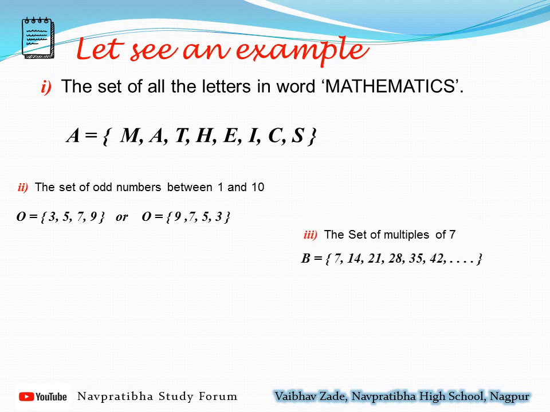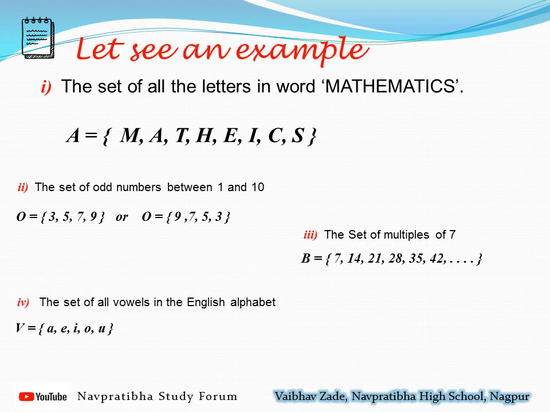Next, the set of multiples of 7. The set B equals to 7, 14, 21, 28, 35, 42, and so on. This is an infinite set. The list is infinite, so here we write three dots inside the curly brackets.